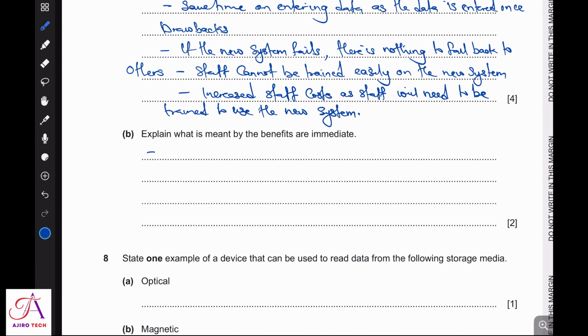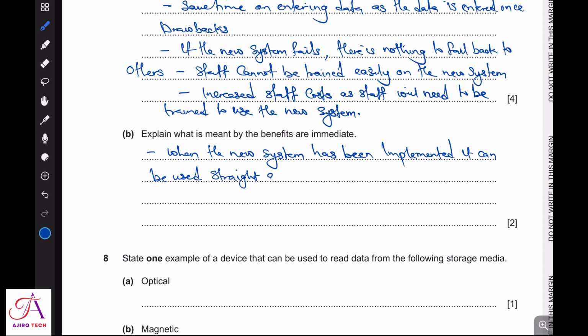When the new system has been implemented, it can be used straight away.